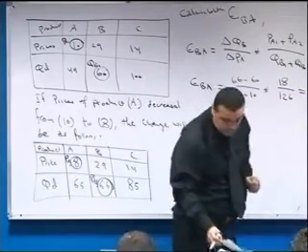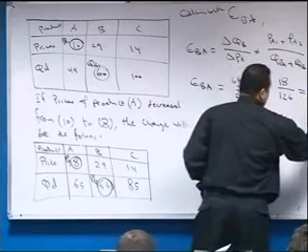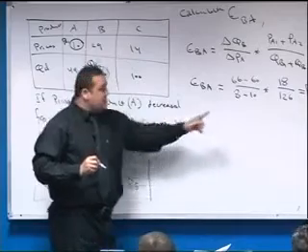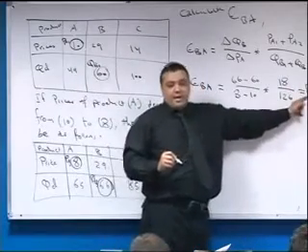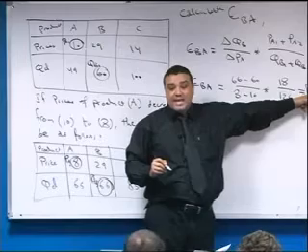Let's take the answer: minus 0.4. So as you see, the sign of EBA is negative and the demand is inelastic.